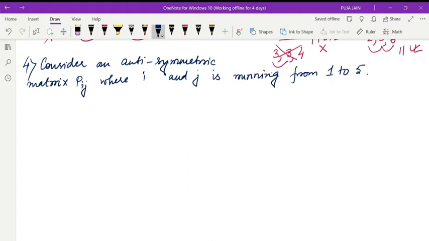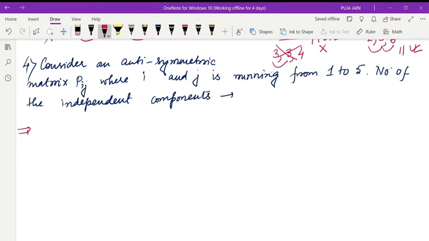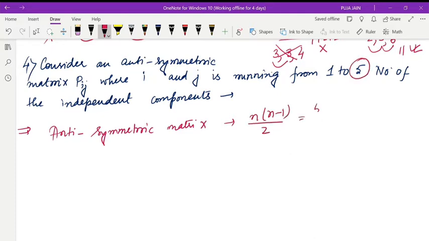We have to find the number of independent components. The formula I have already discussed in the lecture related to matrices. For an antisymmetric matrix, the number of independent components is n into n minus 1 by 2. Here it is given 1 to 5, so 5 into 5 minus 1, that is 4, by 2, which equals 10. So our answer is 10.